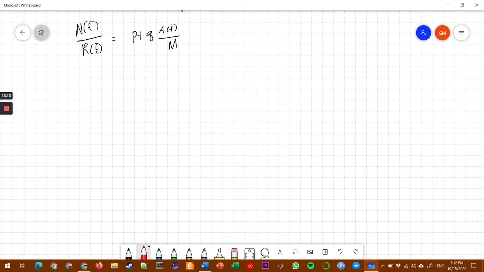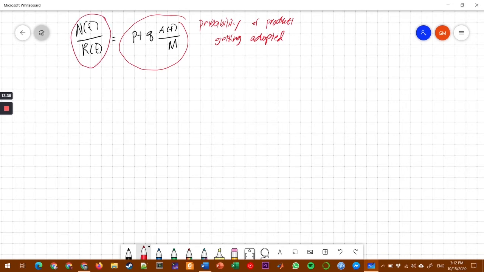So this right-hand side of the equation will tell you the probability of the product getting adopted. The left-hand side is equivalent, the equality sign.